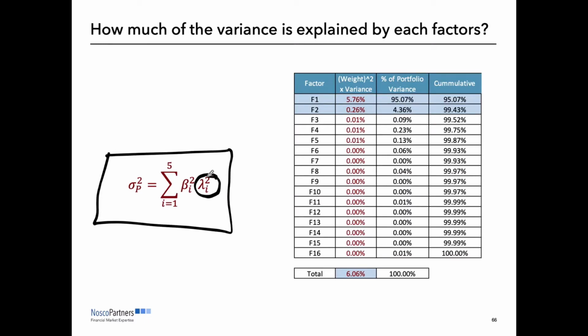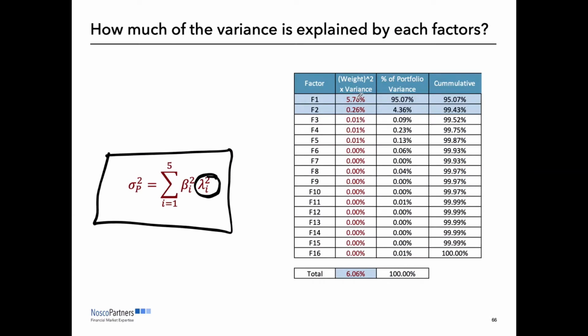These are the variances of the factors. Now, these red numbers are what I have in this second column here. These are the variances of my factors multiplied by the beta. So these are those numbers. And what you can see, or you tell me what you can see.